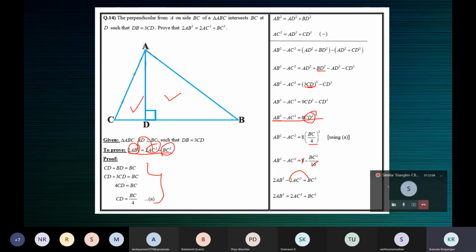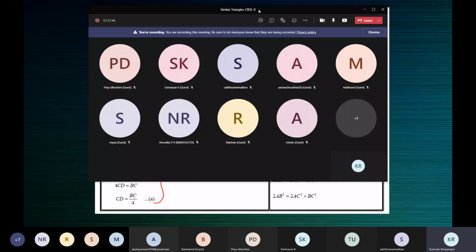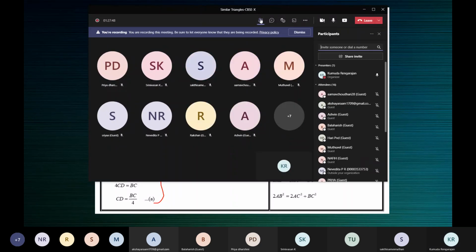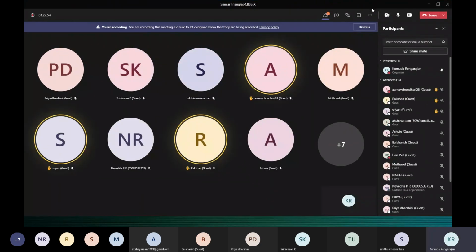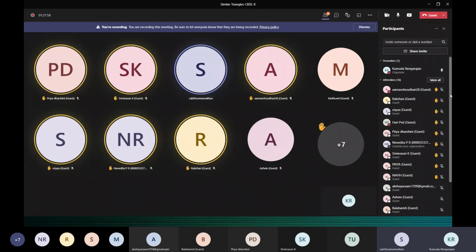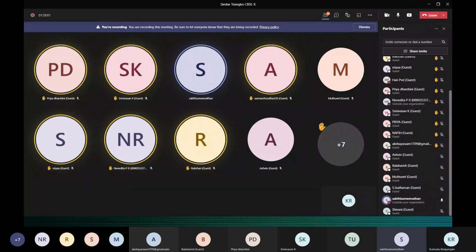All right, children. Let me see how many of you are here at the end of the class. Very good. Use the emoji, raise your hand, children. Somebody's mic is enabled. Please disable your mic. Shivani, are you there? Sudarshan, Muttuvel, Ashwin.